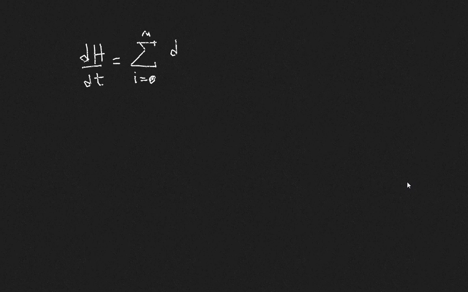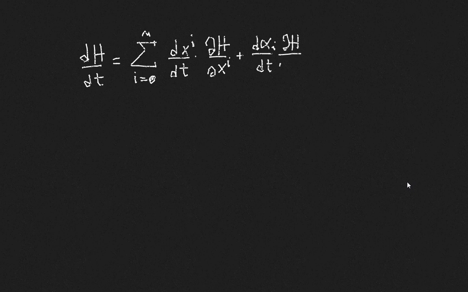We get the derivative of each spatial variable with respect to t times the partial derivative of H with respect to x_i, plus the derivative of the momentum variable with respect to t times the partial derivative of H with respect to alpha_i.